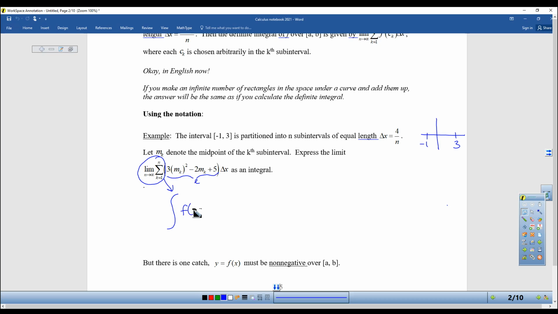The length is just the height of whatever the function is. And then delta x, or dx. In this particular case, the integral of 3x squared minus 2x plus 5, because that's what you would keep changing each time, but we're just going to call it x, from -1 to 3.